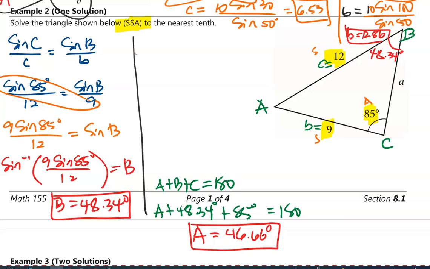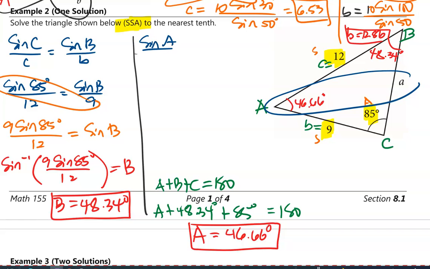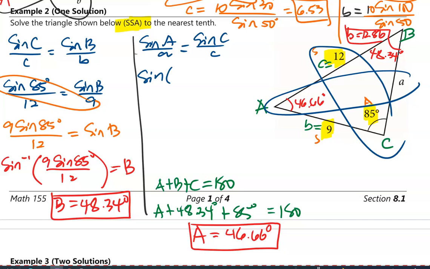So now we can solve for side A. We can use these two, that is sine A over A is equal to, let's say use C, sine C over C. So sine A, sine of 46.66 over side A is equal to sine 85 degrees over 12.